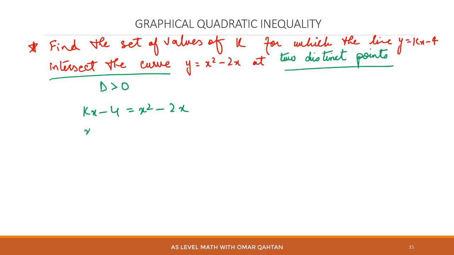Upon simplification, this equation will become x square minus (2 plus k)x plus 4 equals 0. Now it's given in the question that the line is intersecting the curve. So when it is intersecting, I'm going to write b square minus 4ac should be greater than 0.